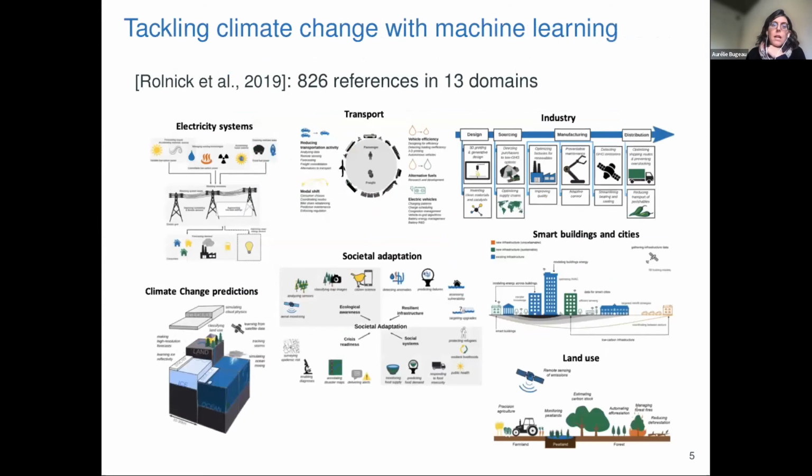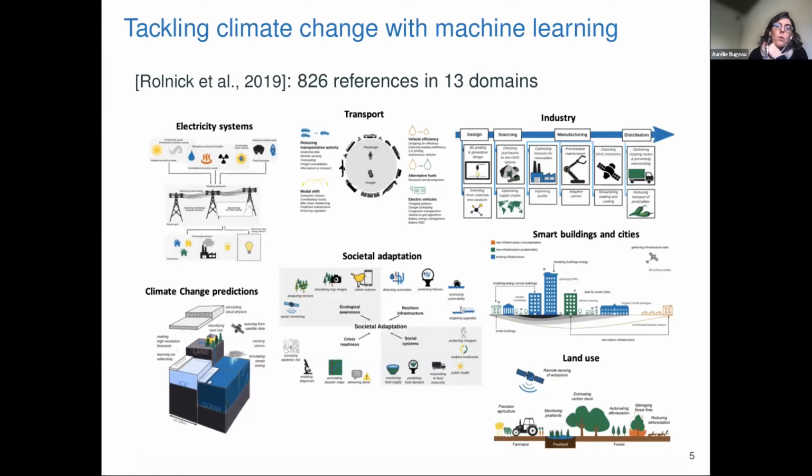But I will go into another paper that's more focused on tackling climate change. This other paper studied more than 800 references and classified them in 13 domains related to sustainable development and tackling climate change.